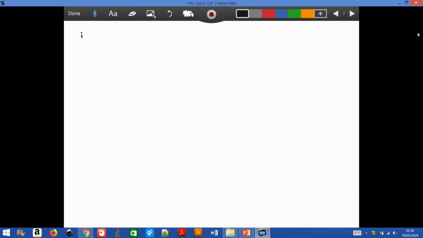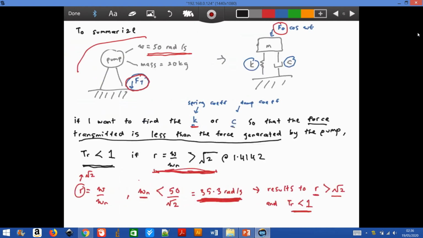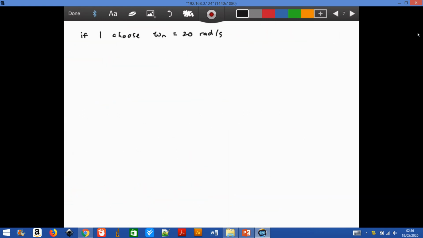So let's say I choose omega n equals 20 radian per second. Okay, just now we need to remember that in order to get R larger than square root of 2, I need to make sure that the omega n must be less than the threshold, which is 35.3. So 20 is less than 35.3.